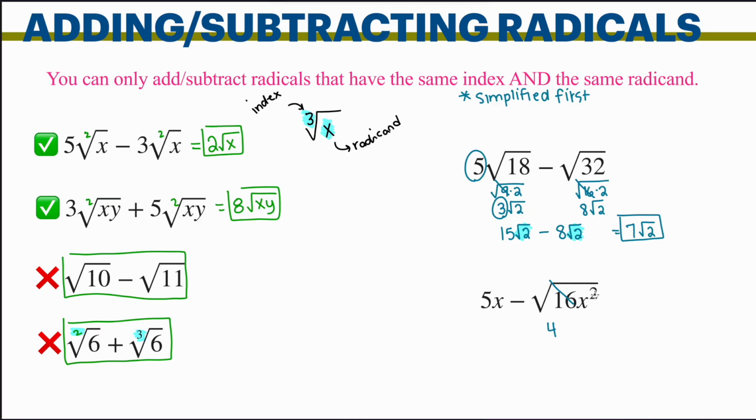And x squared, you can simplify if you think of the fact this is a square root of 2. 2 goes into 2 exactly 1 time. So now you have a 5x minus a 4x. You now have the same variable, and you can subtract or add the coefficients. So 5x minus 4x will give me 1x, or just x in that case.